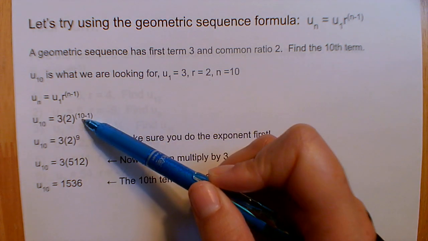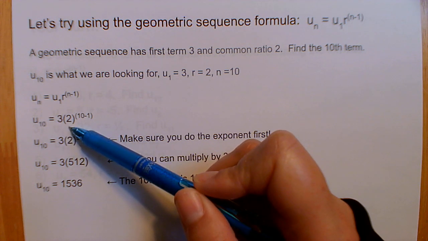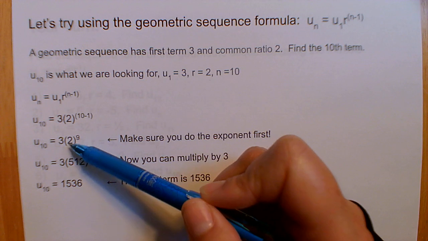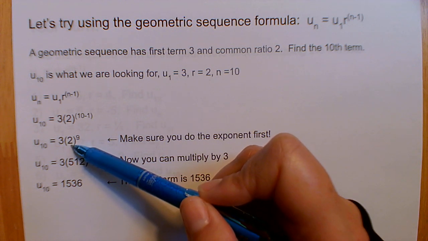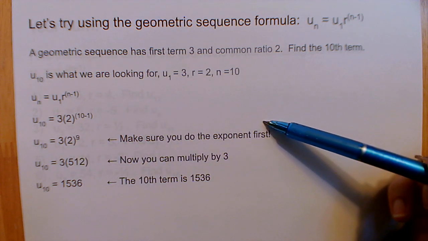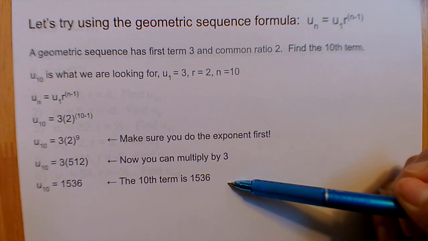I put the 10 in where the n is, the 3 where the first term is, and the 2. And I like how I put my parentheses around this. It keeps my common ratio together. If we have a fraction here or a decimal, it's going to be nice because we have those parentheses. So we do our parentheses, make sure we do the exponent first. Now we can multiply by 3, and we find that our 10th term is 1,536.